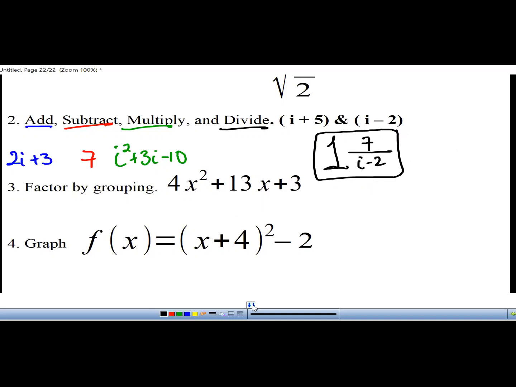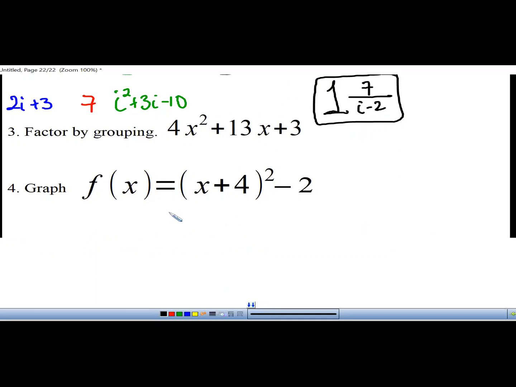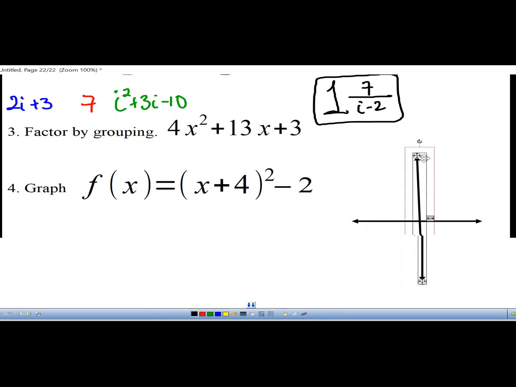Number 4. It says graph f of x equals (x plus 4) squared minus 2. Now, if you noticed, I'm bringing back transformations. Who notices that the function they gave us has some transformations? Now, what are the transformations they give us?